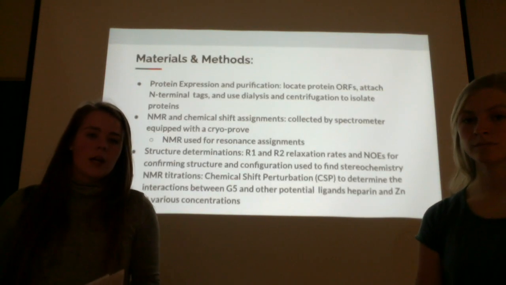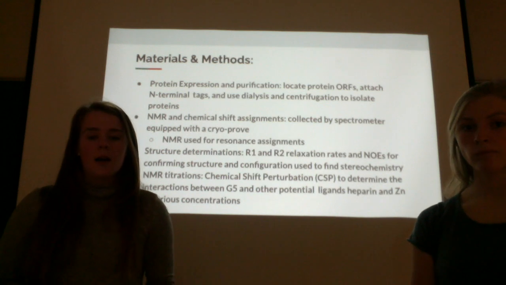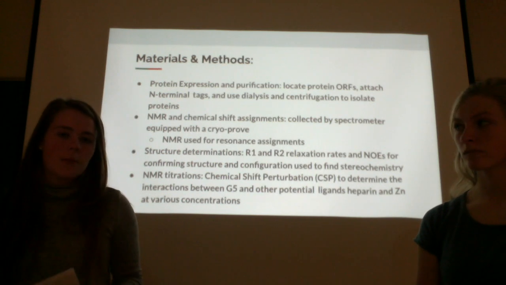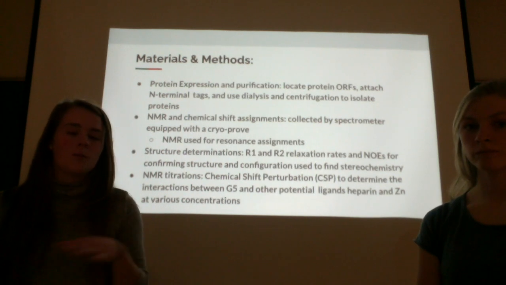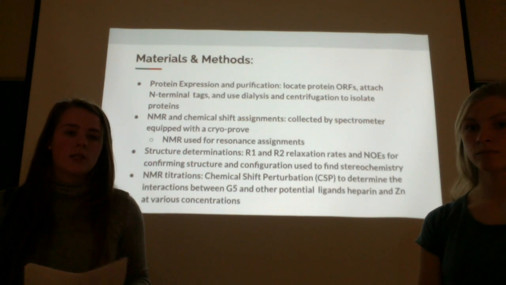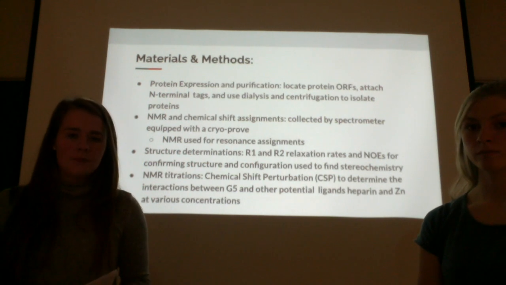And then just a quick introduction to the materials and methods. Kinsey will mostly discuss these, but protein expression and purification were used just to isolate the proteins using dialysis and centrifugation.